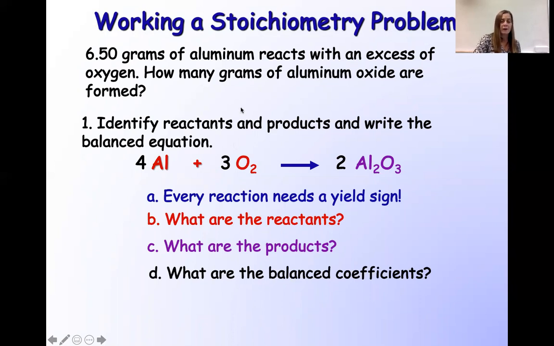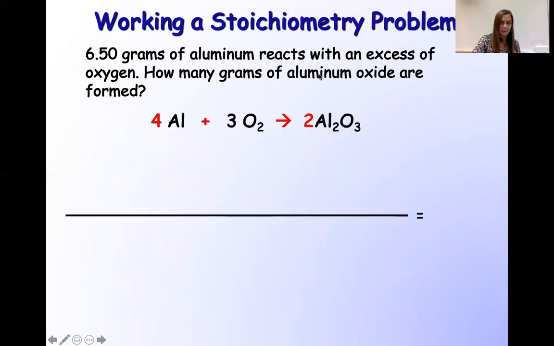But we want to figure out how many grams of aluminum oxide are formed. So we've balanced our chemical equation. Now we need to start with the given, 6.5 grams. We're going to convert that from grams to moles, because we want to get to grams of aluminum oxide.